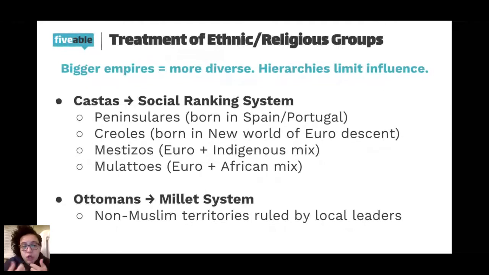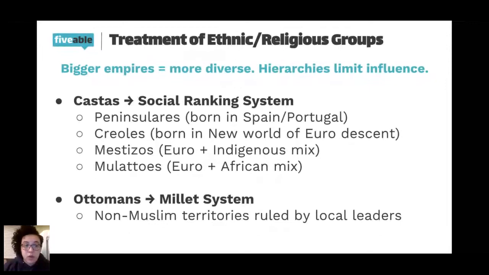One of the examples that Patrick Lassiter talked about last week, when he did a whole long CCOT exactly about this, is the castas in the Americas. This was a social ranking system based on race, based on the mixture of your race. In doing this, they limited the jobs, the influence, the political rights that people had based on their race.